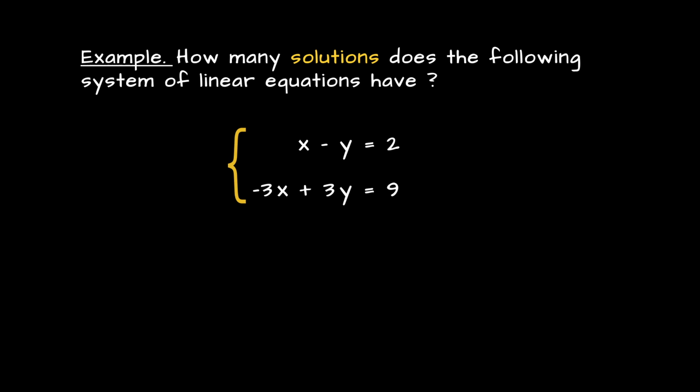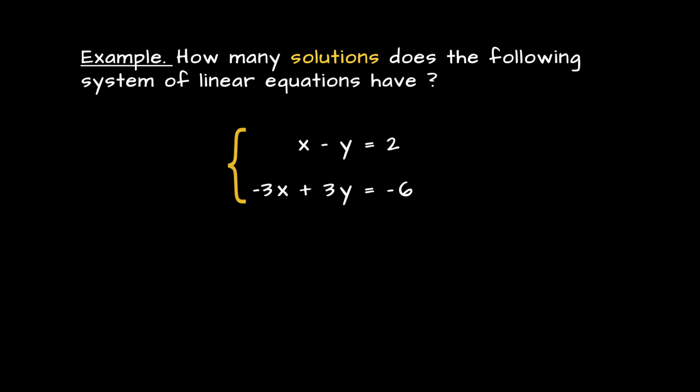Now, if we take a look at the exact same system that we just analyzed, but we replace the 9 in the second equation with a -6, then how many solutions do you think this system would have now? Once again, see if you can figure out the answer.